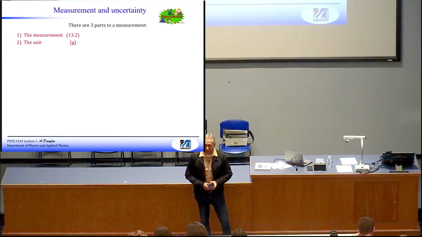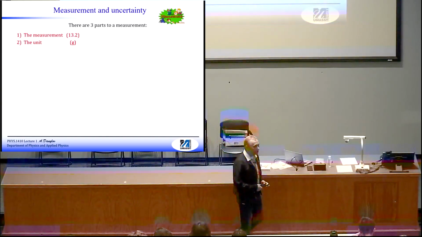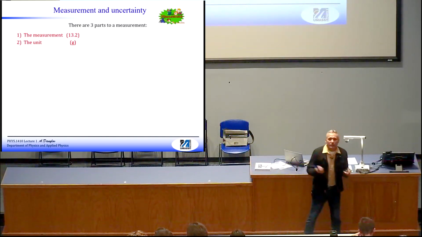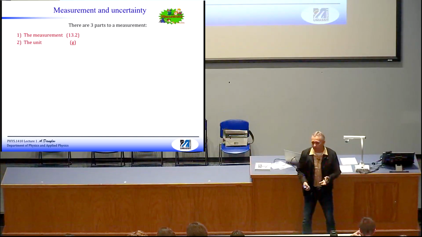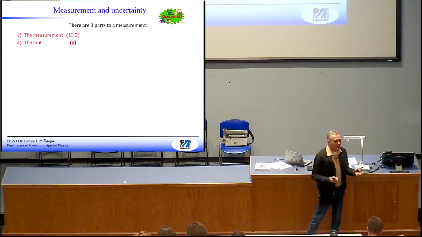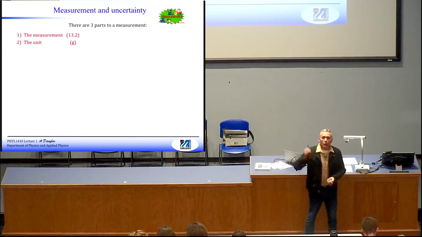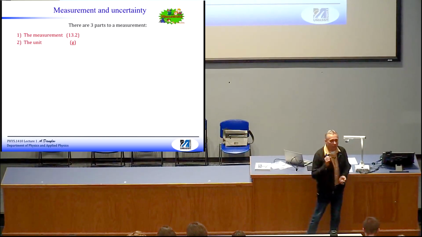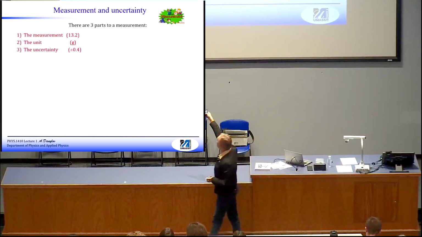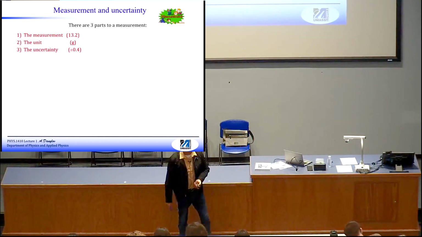We need to show the level of uncertainty, because no measuring device can give you perfect measurements without experimental uncertainty. It's impossible. In physics, it's almost like everything is approximations. So we need to show the uncertainty of your measurements.